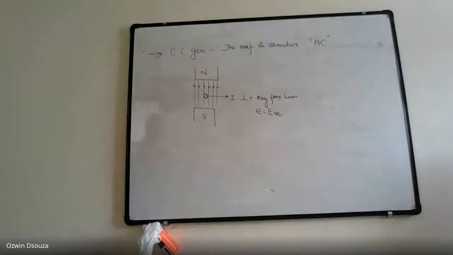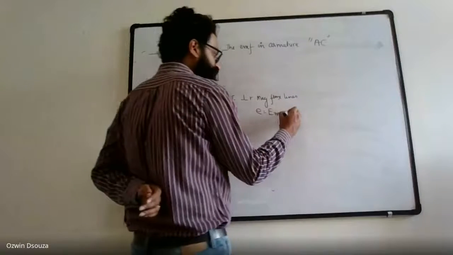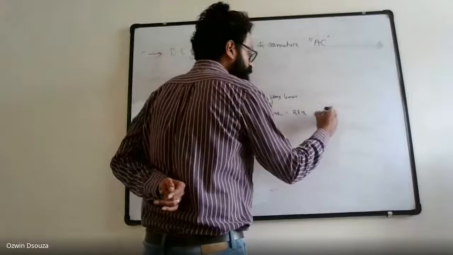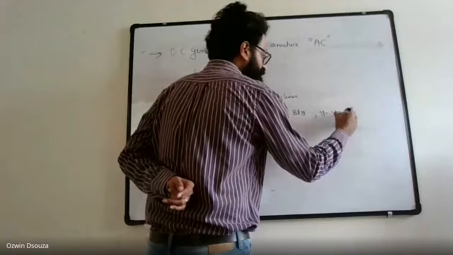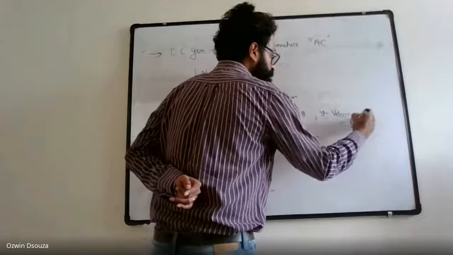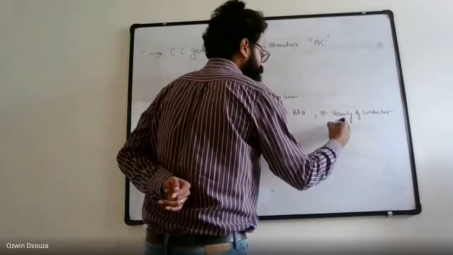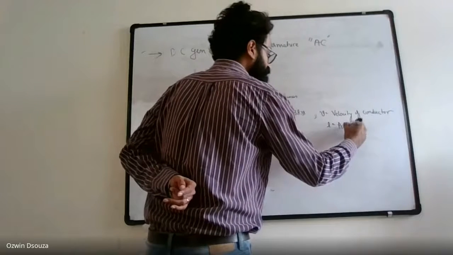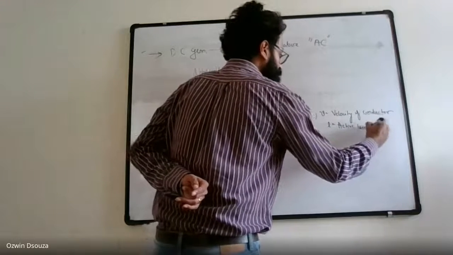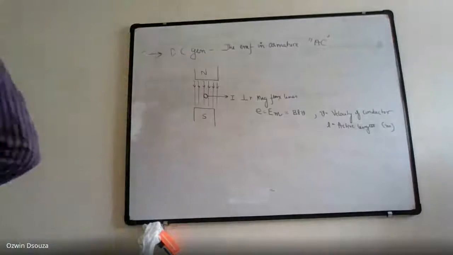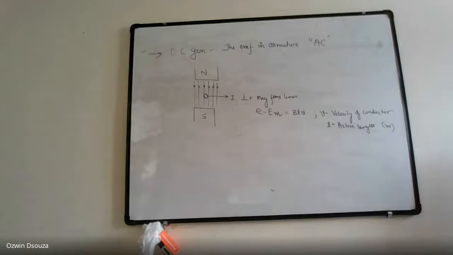And you can write an expression something like BLV, where V is the velocity of the conductor, L is the active length of conductor in meters, and B is the flux density, which is expressed in Tesla.